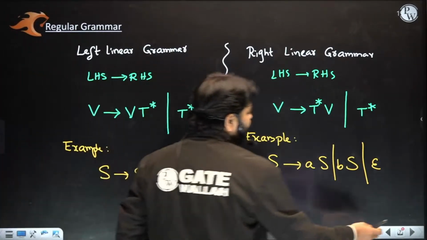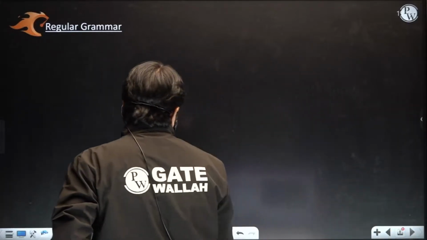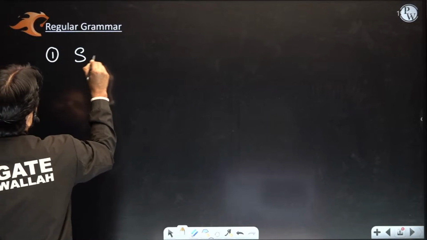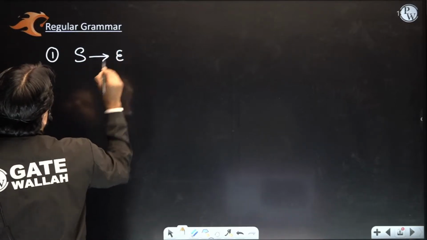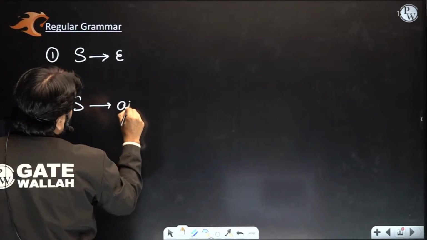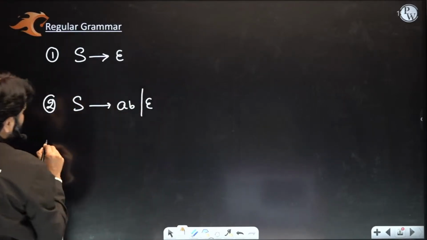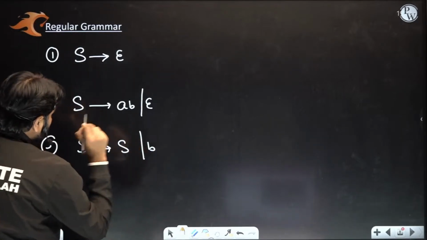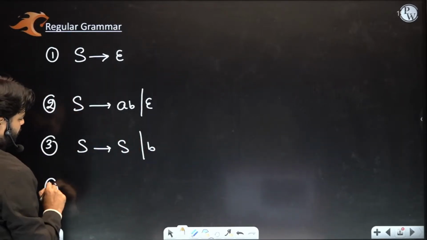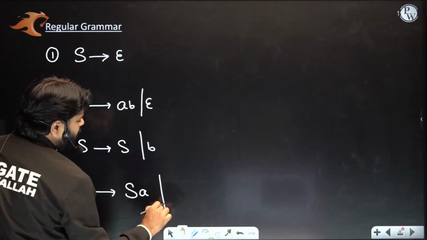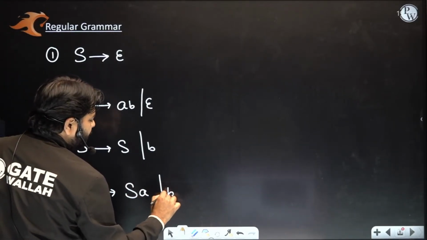So now I write a grammar, just try to understand whether it is regular grammar or not. First example: S derives epsilon. Second example: S derives AB or epsilon. Third example: S derives S or B. Fourth: S derives SA or BS.